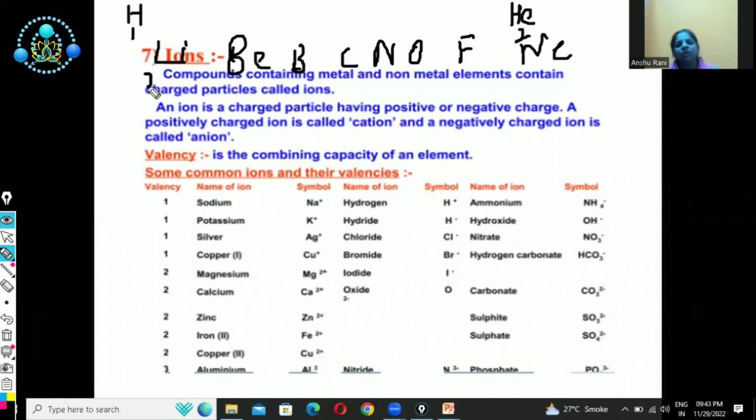Lithium is 3. 3 means 2, 1. 2 electrons will go in the first shell and 1 electron will go in the second shell. Then 2, 2, 2, 3, 2, 4, 2, 5, 2, 6, 2, 7, 2, 8.